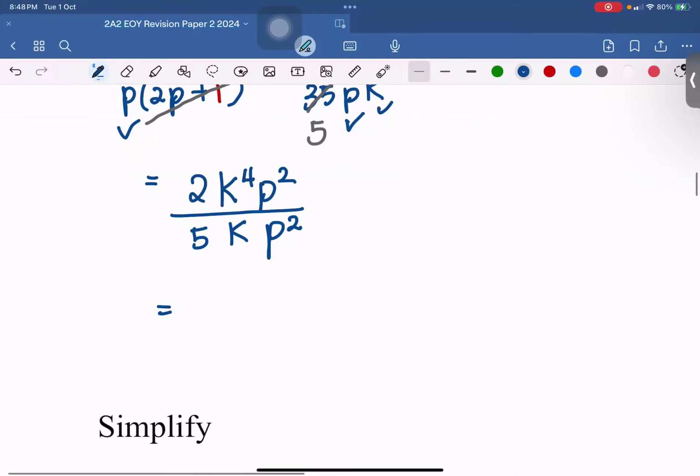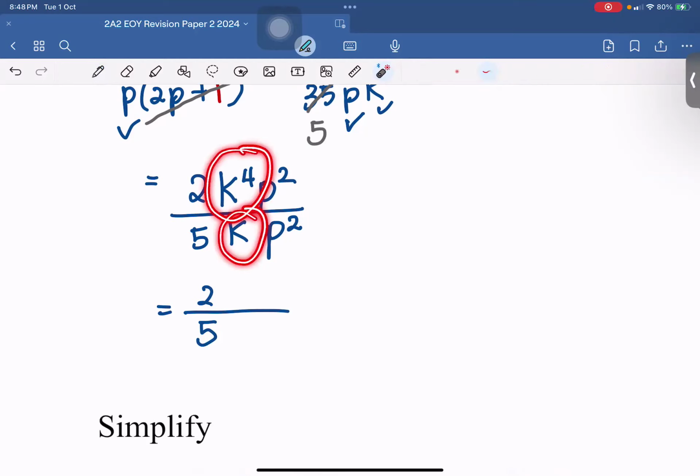What else can I cancel? Just now Vincent was saying p square, k and then one more p square, right? Correct. So k4, then 4 of them take K out, k cube. Then any more of p? Nothing else already. So this one is like that.